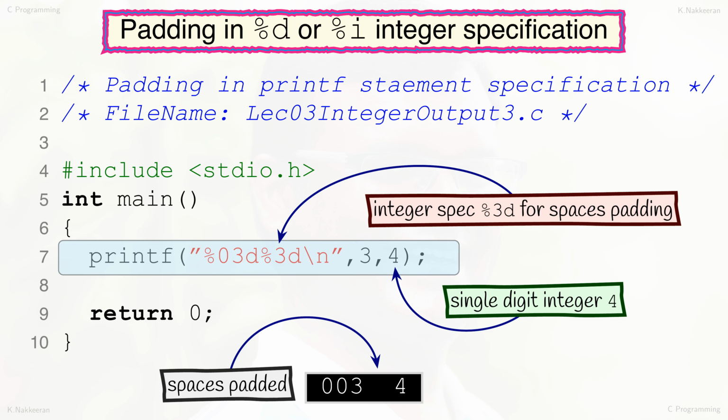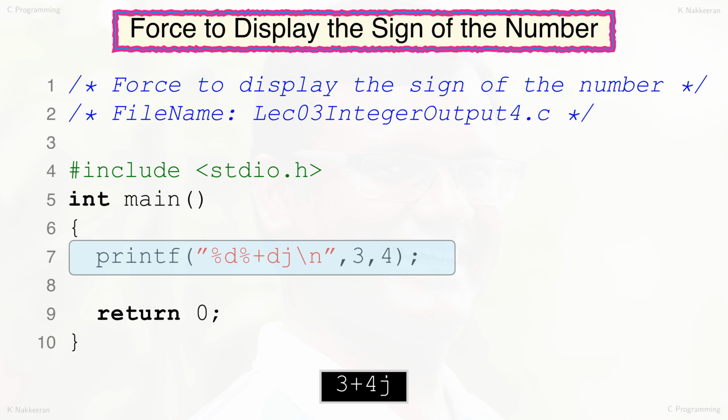Hence, in the output display of the single digit integer 4, 2 spaces are padded in the front. If the difference between the number of digits in the specification and the provided integer is 0 or negative, no spaces will be padded.